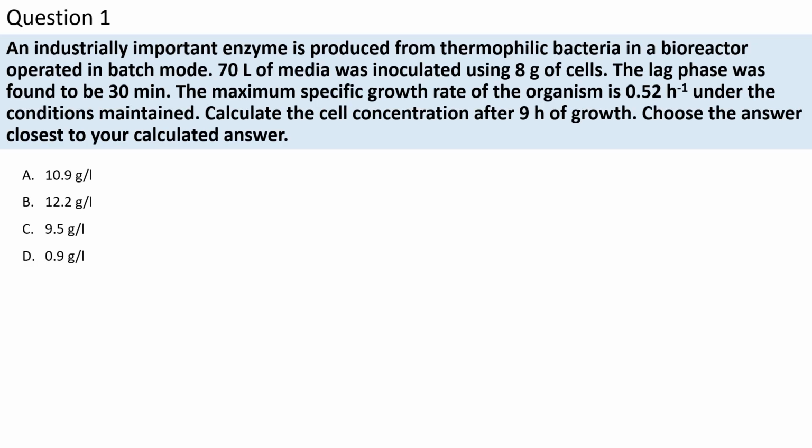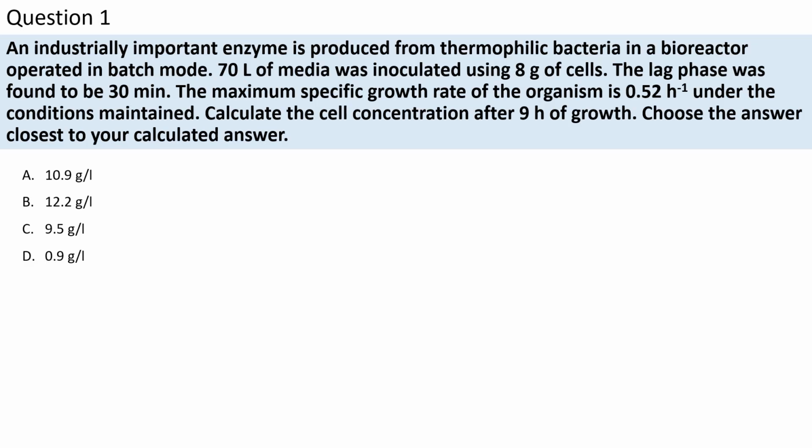Calculate the cell concentration after 9 hours of growth. Choose the answer closest to your calculated answer. Option A, 10.9 gram per liter. Option B, 12.2 gram per liter. Option C, 9.5 gram per liter. Option D, 0.9 gram per liter.